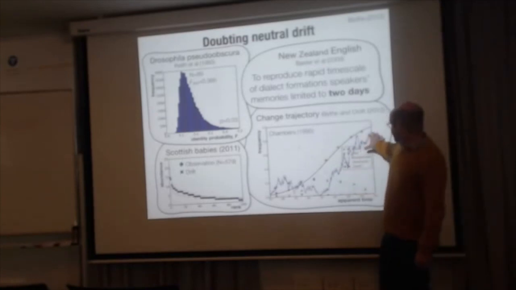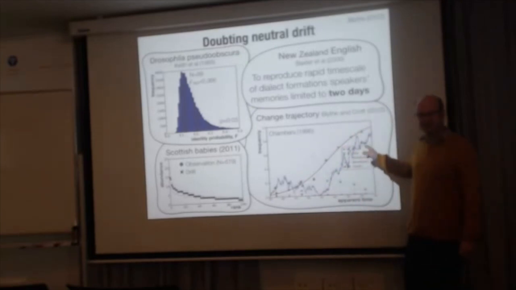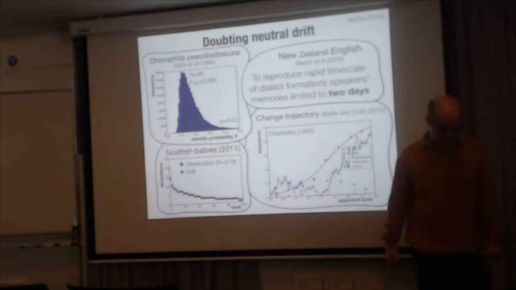Again, the mathematics of this curve are not well enough understood to quantify the expected fluctuations we should see, but visually they look far too big. So we have reasons for some doubts.